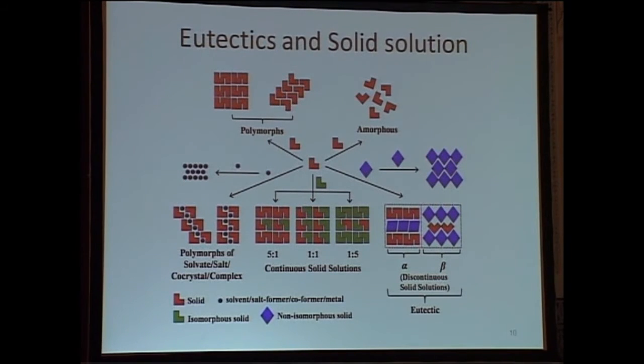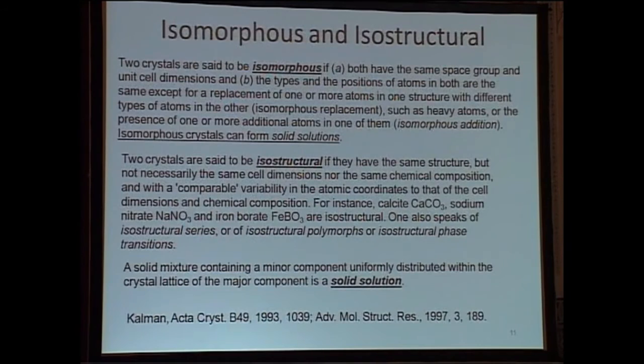And now I will try to bring in symmetry in trying to connect these. So this is just the IUCr definition. Isomorphous crystals are essentially those that have the same space group and unit cell dimensions, and one can do isomorphous displacement. And isomorphous crystals, of course, have a good likelihood of leading to solid solutions.